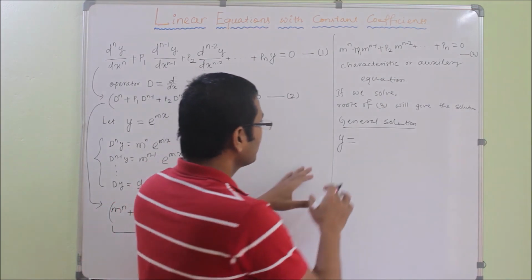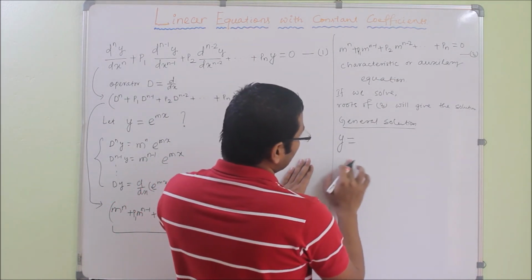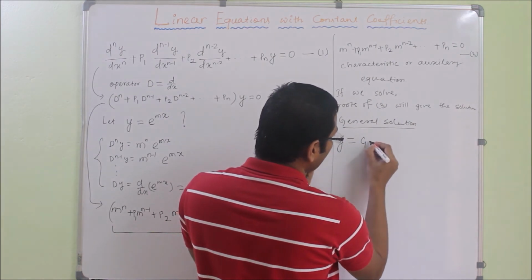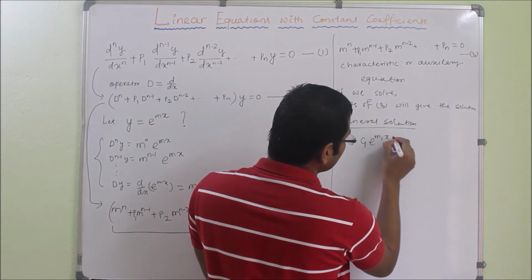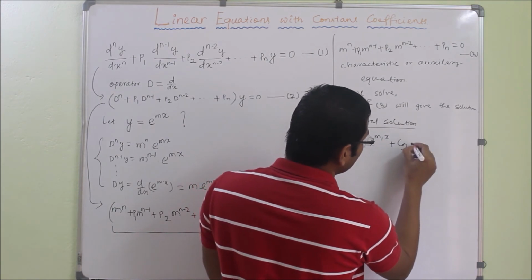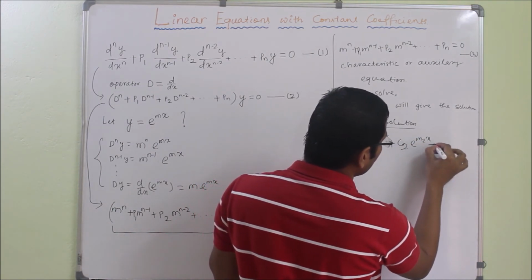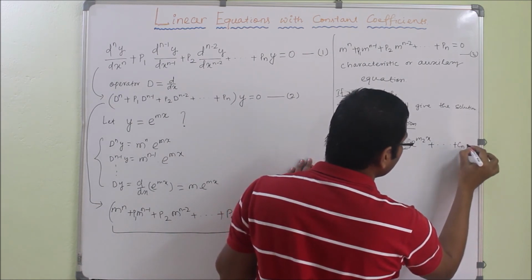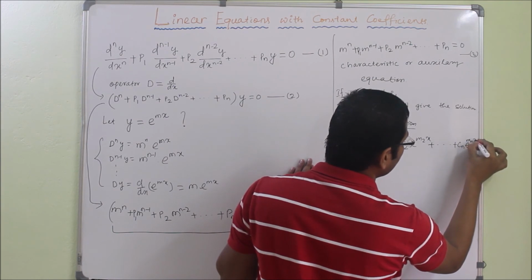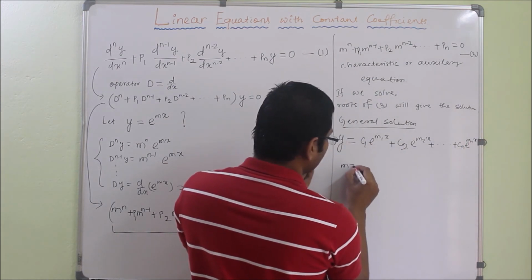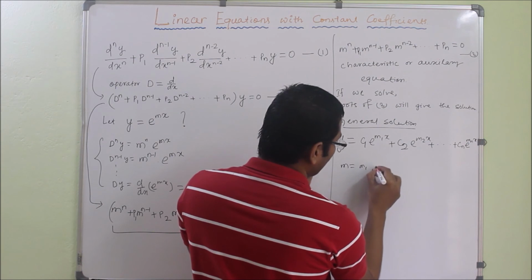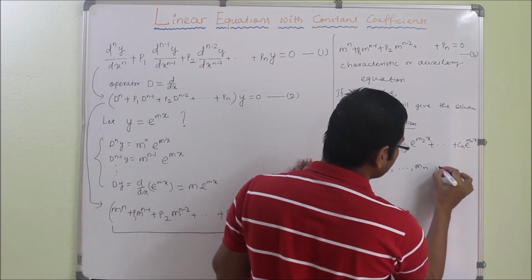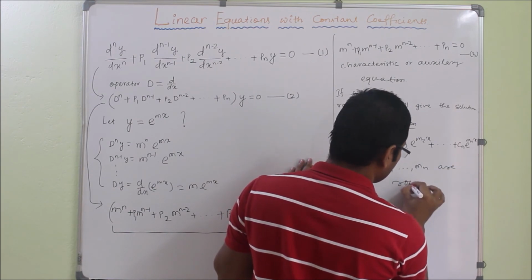What will the general solution be? y equal to a linear combination of all those: c1 e to the power m1 x plus c2 e to the power m2 x plus and so on, and the last one is cn e to the power mn x, where m1, m2, up to mn are the roots.